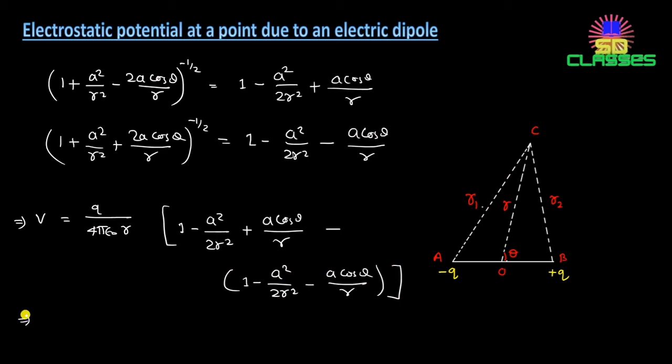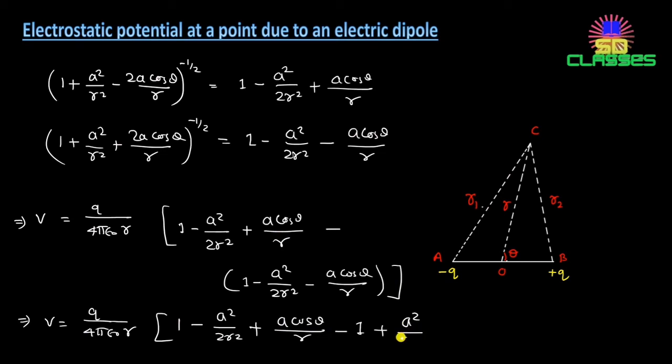Okay, so now V equal to q by 4 pi epsilon, 1 minus a square by 2r square plus a cos theta divided by r. Now open this bracket, so the sign will be changed: 1 plus a square by 2r square plus a cos theta by r. Now you can see plus 1 minus 1 cancel, a square, this one is negative and this one positive, cancel, so only a cos theta plus a cos theta by r.